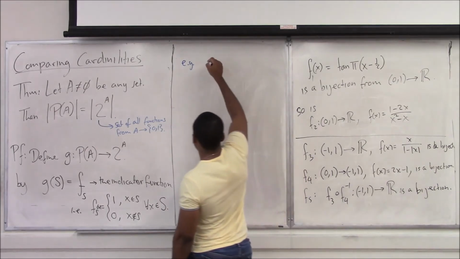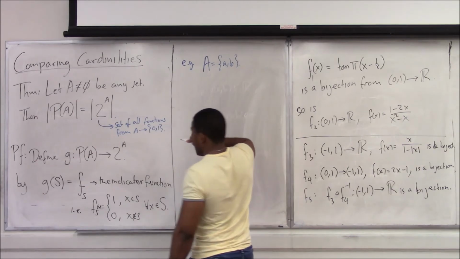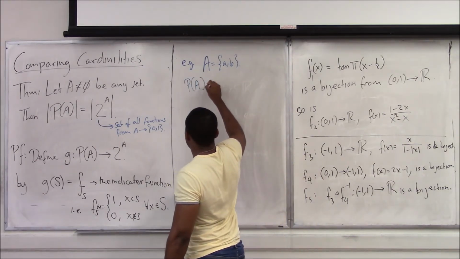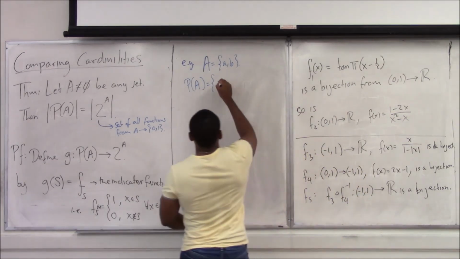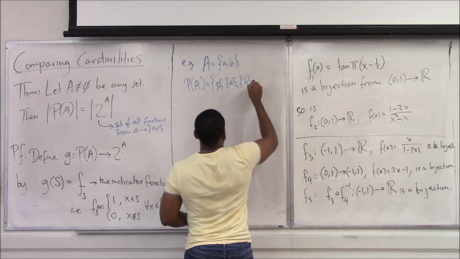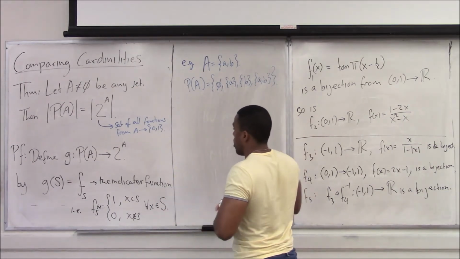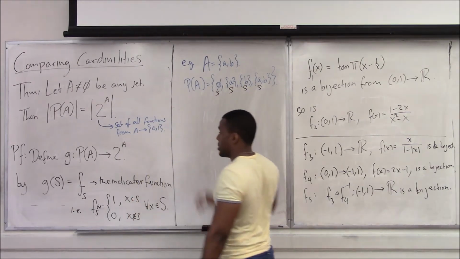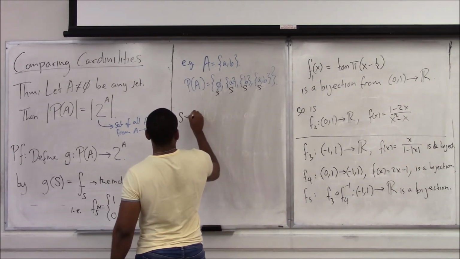So let's do a concrete example so you can see this in the two-element set {A, B}. What is the power set of that? The empty set, the set containing A, the set containing B, and {A, B} itself. These are all the subsets, the S's, and I'm going to take them one at a time. Let's say my S is the empty set.